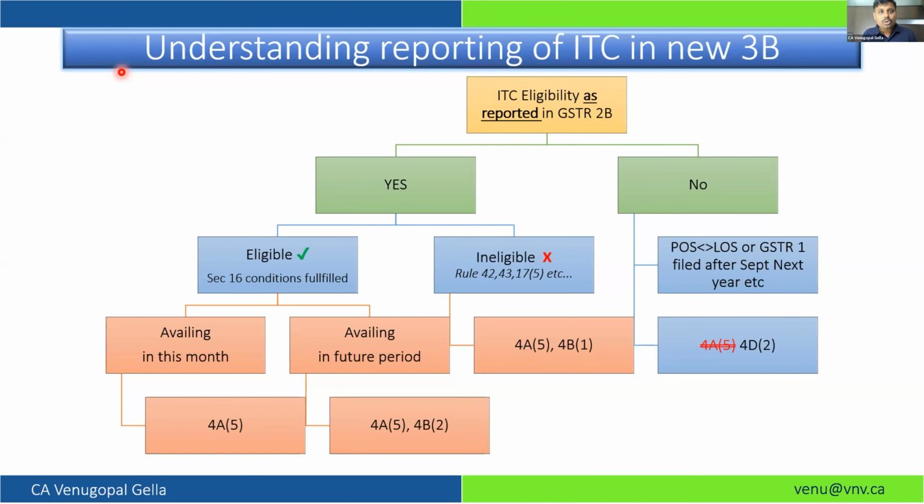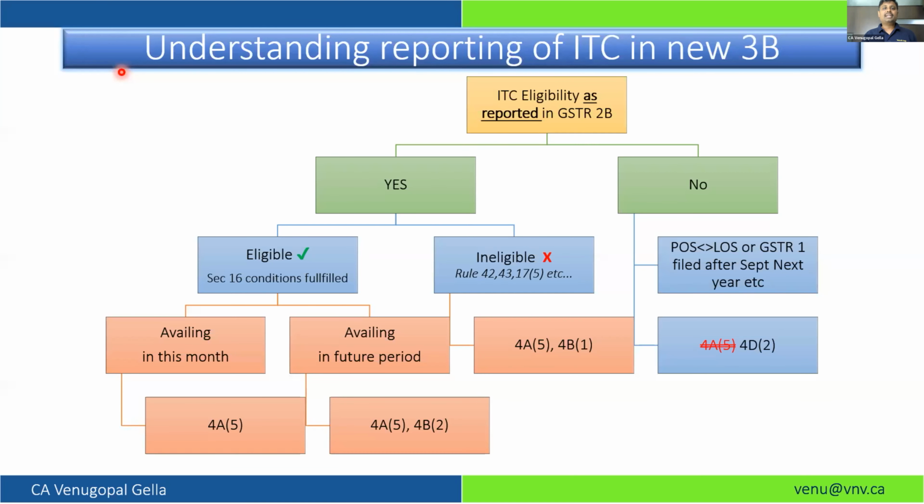I don't know that bill is not with me. Entry is not visible in my books of accounts. What do I do? I don't know anything now. Park it to take it at a later point. So where do I park? 4B2, right? So you are parking credits which you want to reclaim at a later point in time.